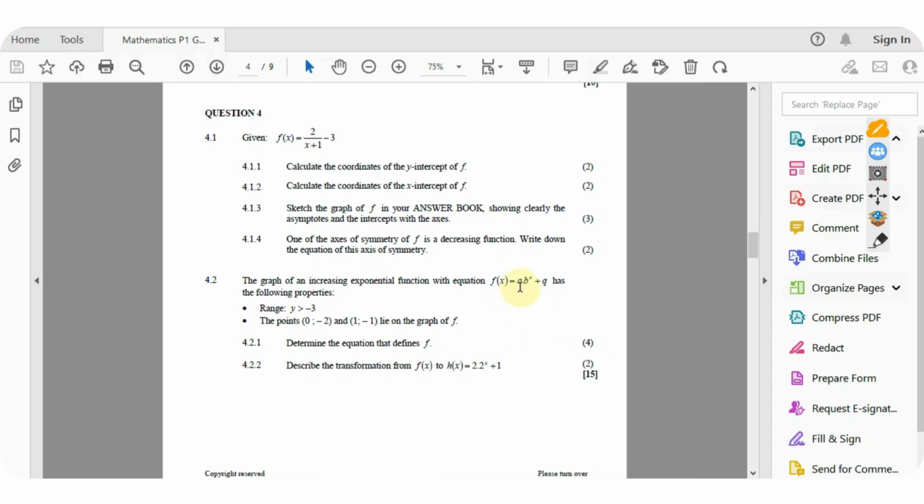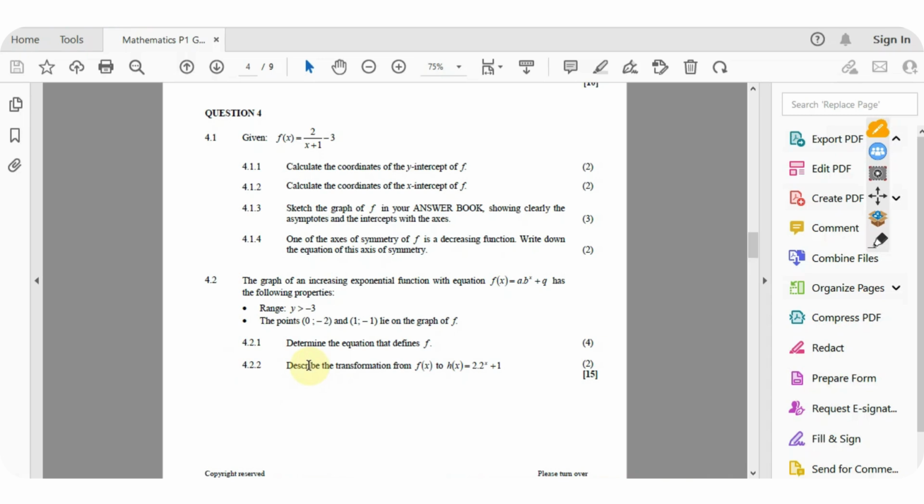Because a is positive, and they told us that it is increasing, so it's going to increase like that. They also gave us 2 points: the points (0, -2) and (1, -1) lie on the graph. So we have these 2 points to help us in solving.